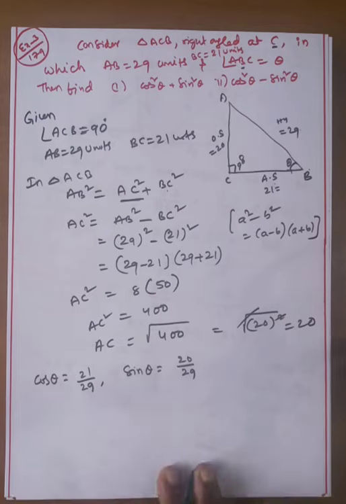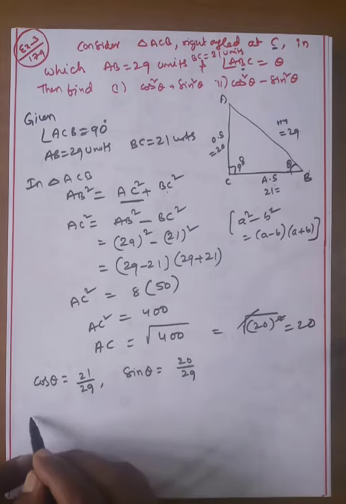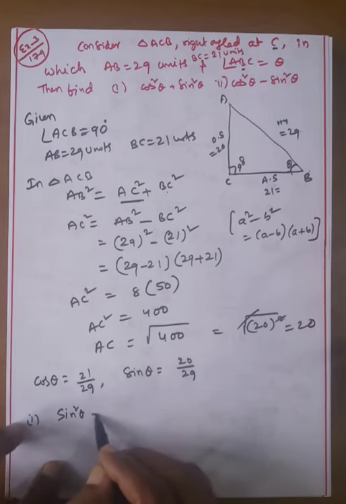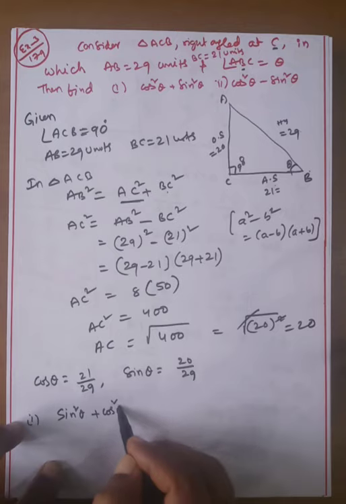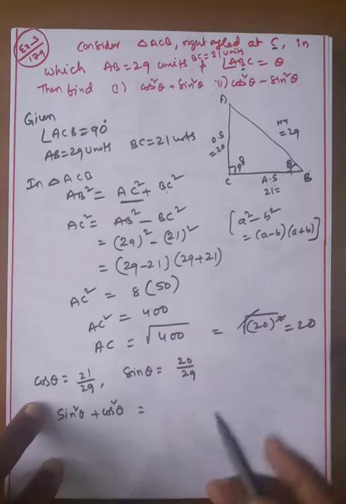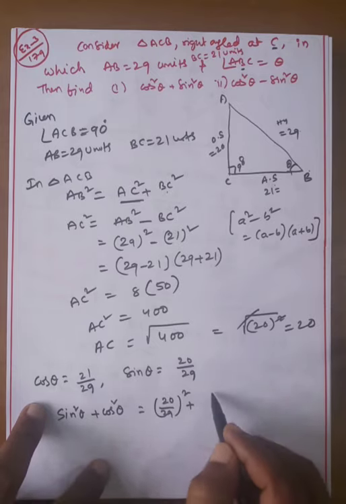Okay, my dear students. What happened in this one? First one, sin square theta plus cos square theta, or cos square theta plus sin square theta, whatever it may be. 20 by 29 whole square plus 21 by 29 whole square.